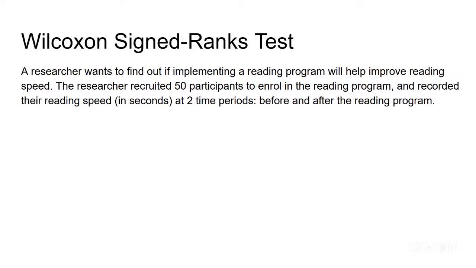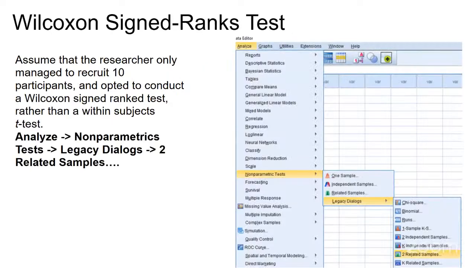The researcher recruited 50 participants to enroll in the reading program and recorded their reading speed in seconds at two time periods, before and after the reading program. That means it is just a pre-post research design.